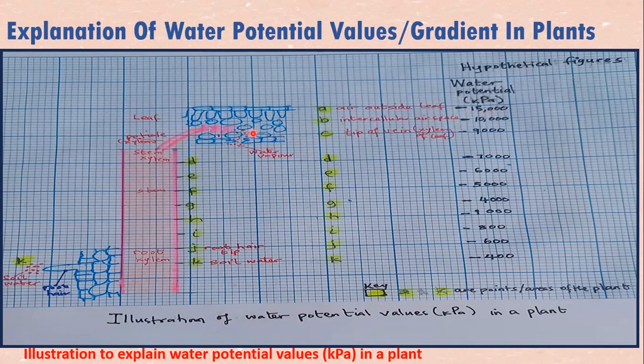And the water potential value in the intercellular spaces here will be higher than outside here, and we give it minus 10,000 pascals. And as water moves on from a region of higher potential in the vein into the intercellular spaces, so in the tip of the vein, water potential value will be higher, minus 9,000 pascals.